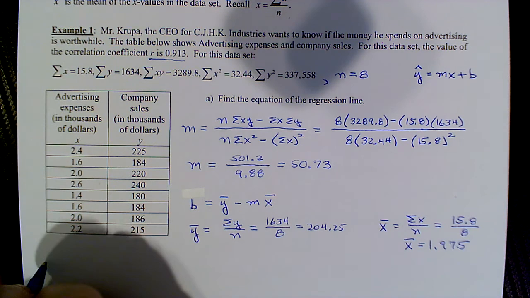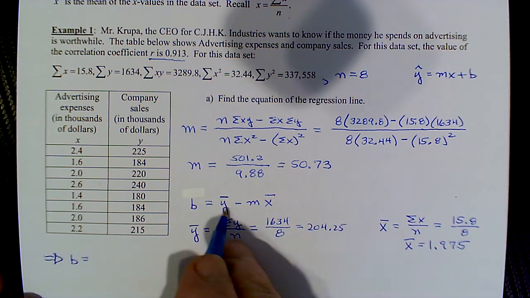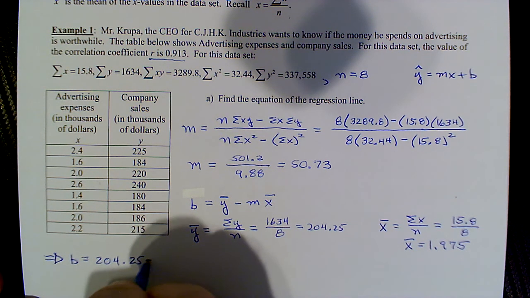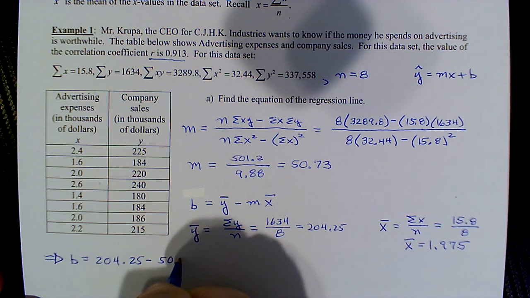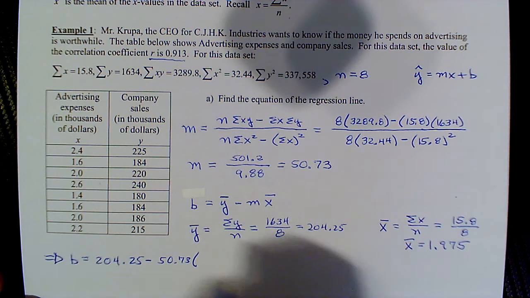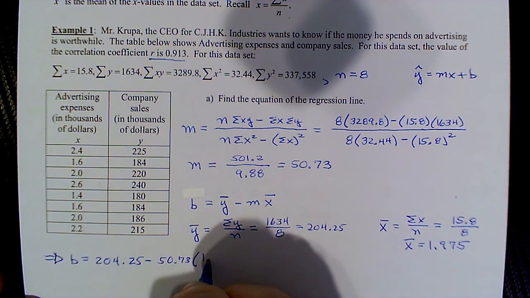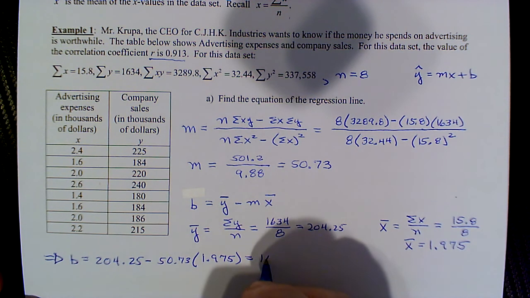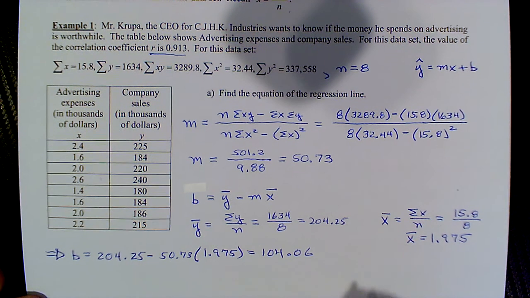So then b is going to be equal to y bar, 204.25, minus m, 50.73, times x bar, 1.975. And that crunches out to be 104.06.